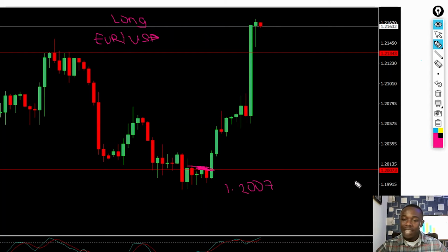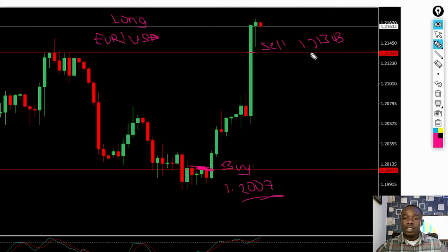So 1 euro in USD at this particular time was $1.20073, and we anticipated that the price would increase, so we bought here at this rate, and we sell it here at this point at a rate of 1.21343.